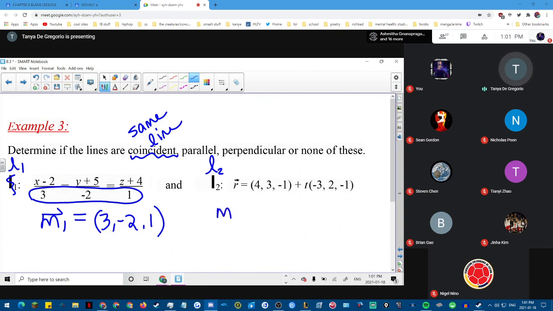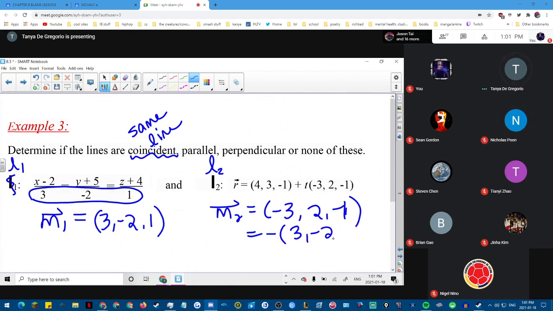Okay, and from here, we see that it's -3, -2, -1. What do you think? I think they're definitely parallel. Yeah. Right? Scalar multiple, right? Good.